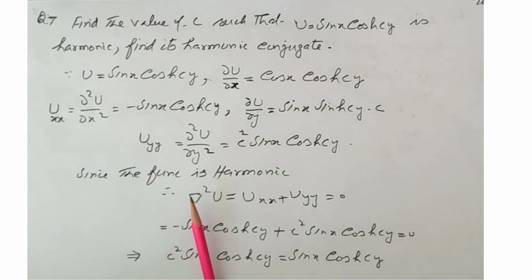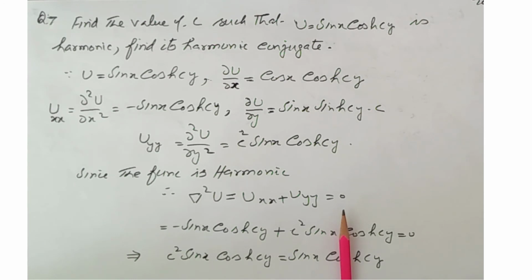Now again using the Laplace equation, partial square u equals u double x plus u double y, which becomes 0. We put here the value of u double x, and the value of u double y, and this is equal to 0. Why is this 0?